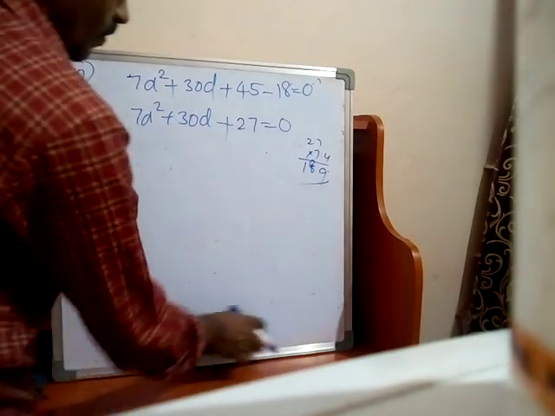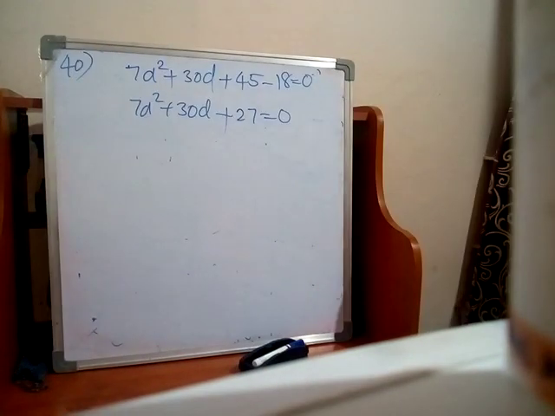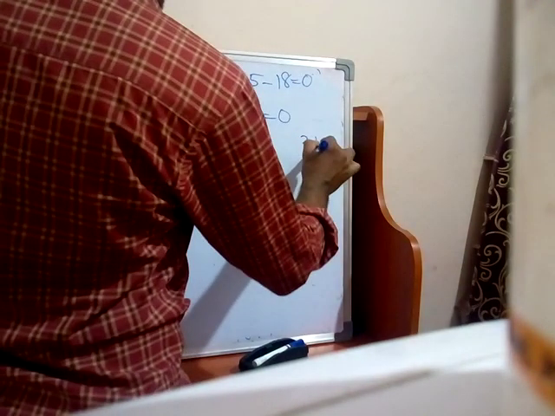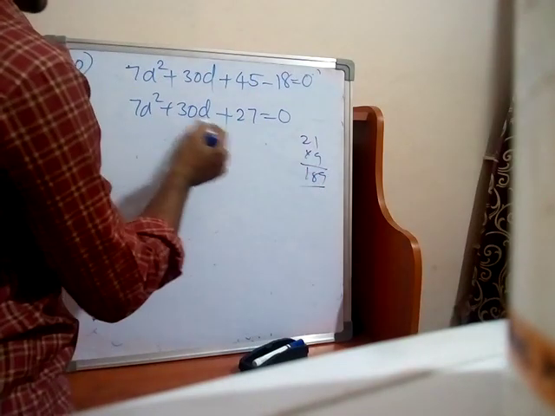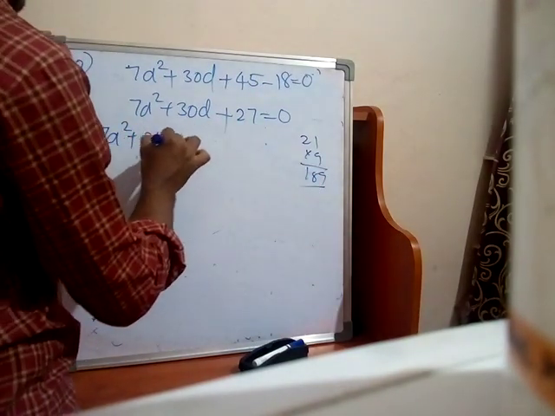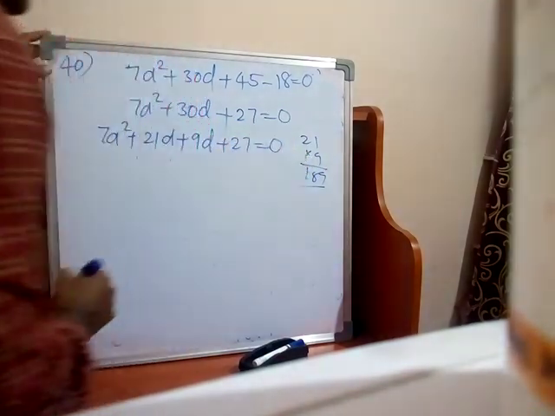7, 7, which one? So 21 9s, we get 189. So the sum of these two numbers is 30d. So here 7d square plus 21d plus 9d plus 27 equal to 0.